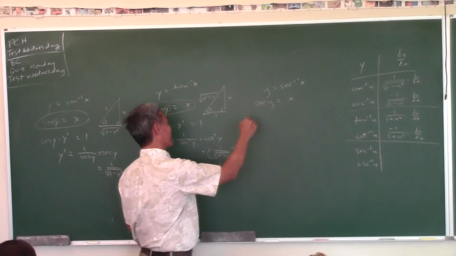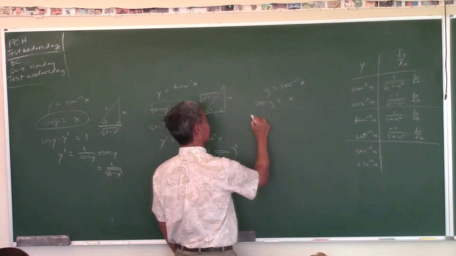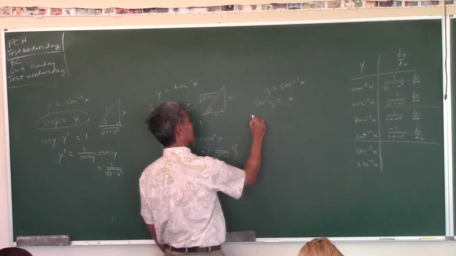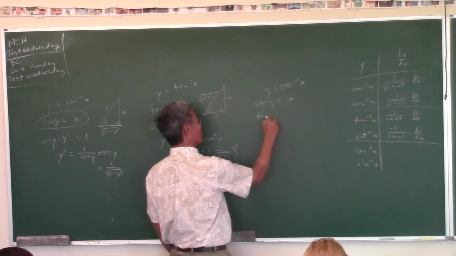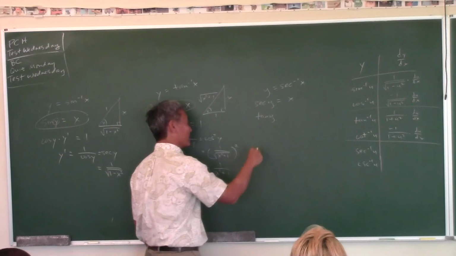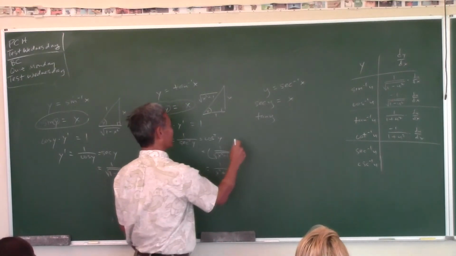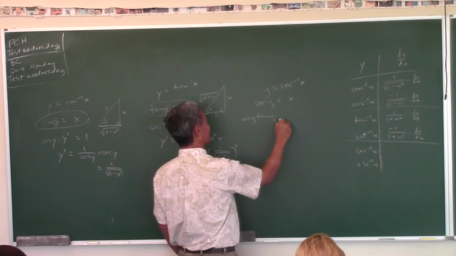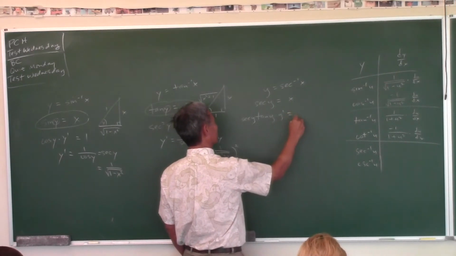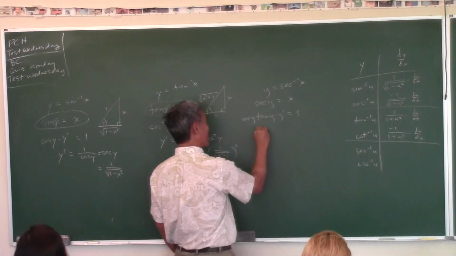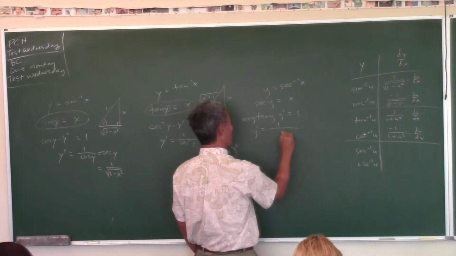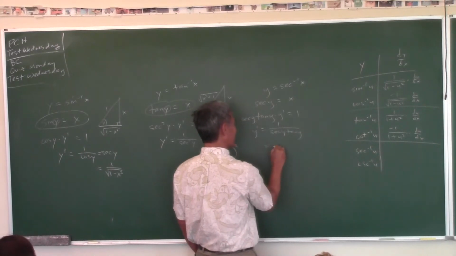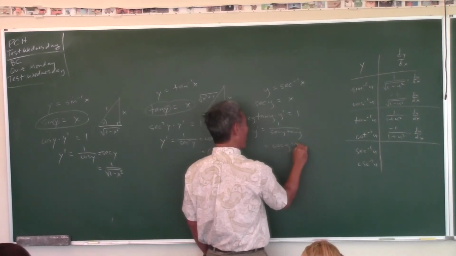Secant y, tangent y times secant y, times y prime equals 1. Okay, there you go. So y prime is equal to 1 over secant y tangent y, which is cosine y cotangent y.